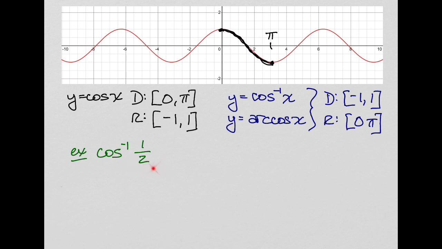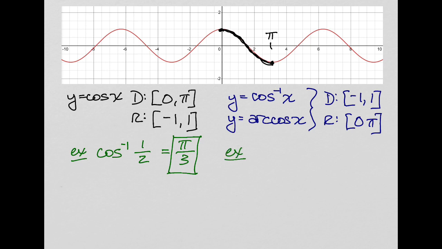I want the inverse cosine of positive 1/2. Cosine values are positive in quadrant 1, so no conflict here. I'm looking for the angle in quadrant 1 that has a cosine value of 1/2, and there is only one. That happens at pi over 3. Cosine of pi over 3 is 1/2, so the inverse cosine of 1/2 is pi over 3.